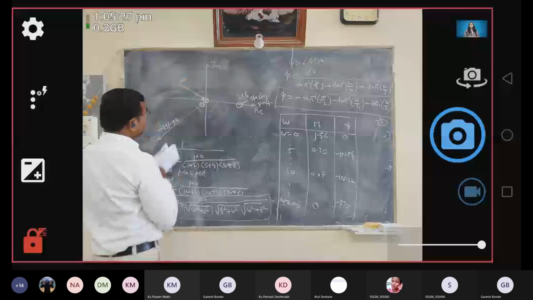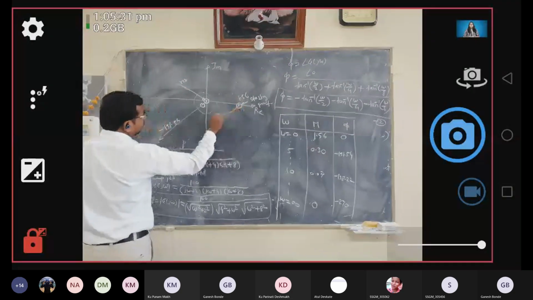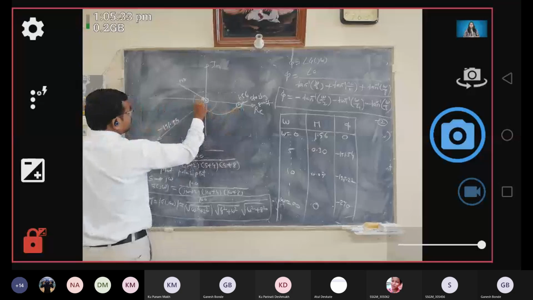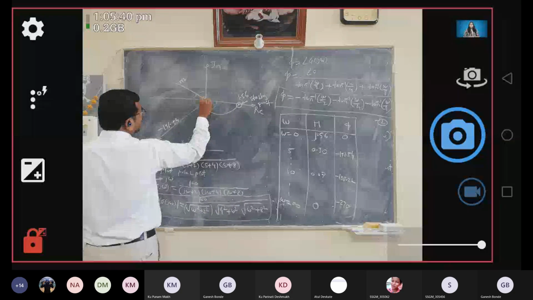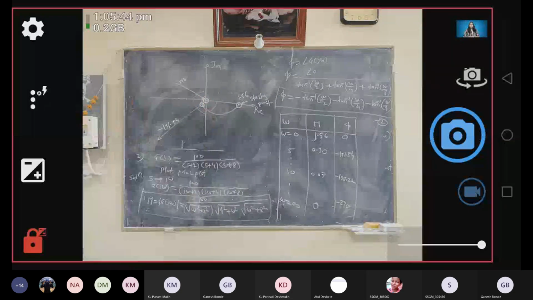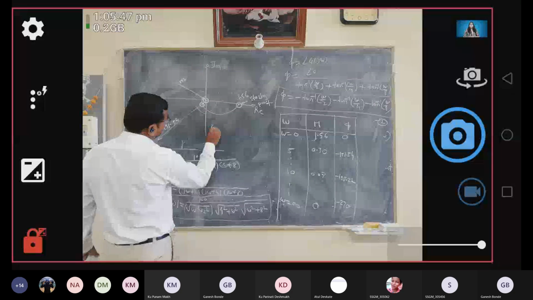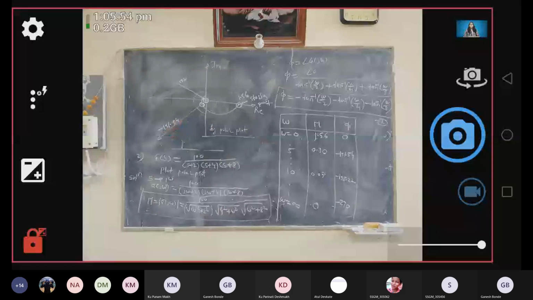Now you can draw the polar plot starting here, join these points, and through 270 it may terminate. So this is the figure for the polar plot of the given example.